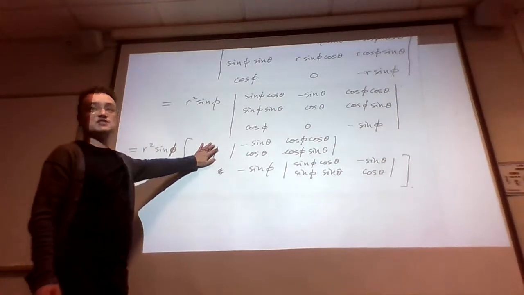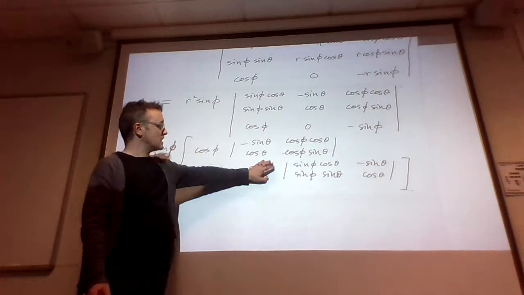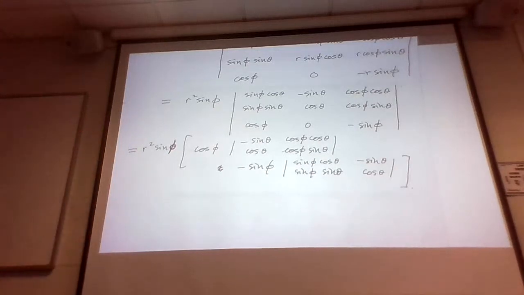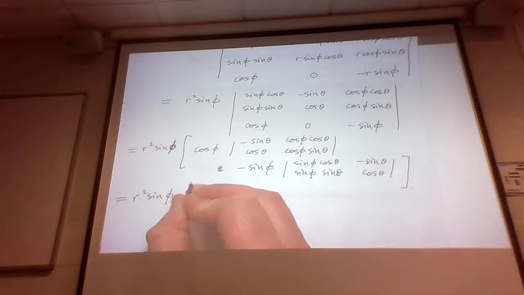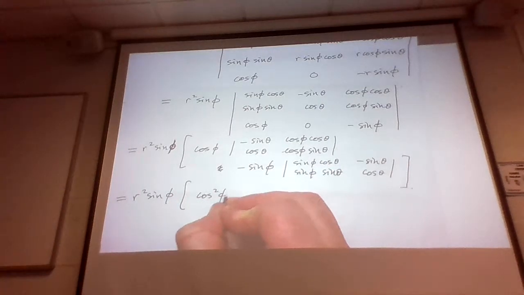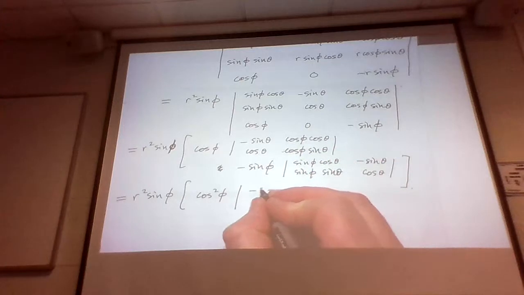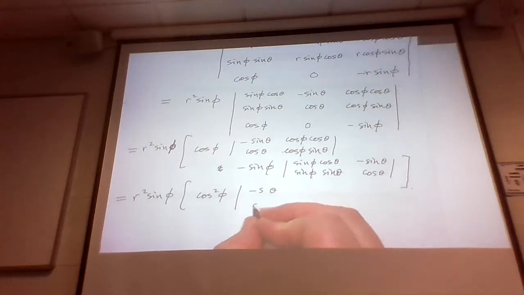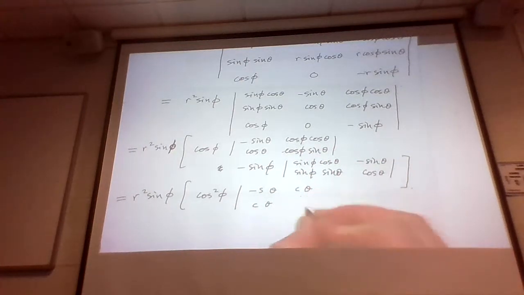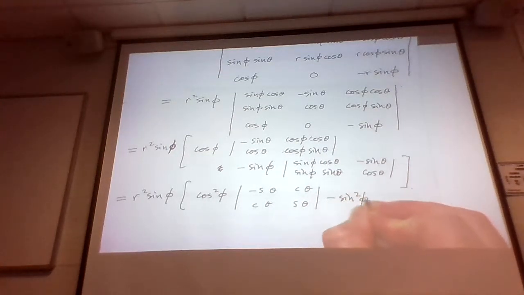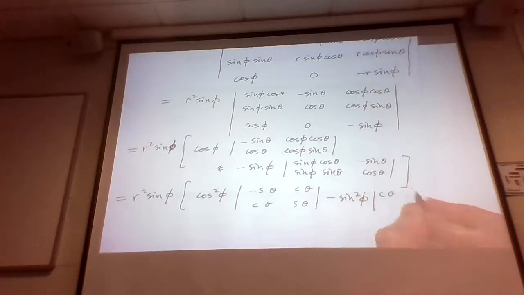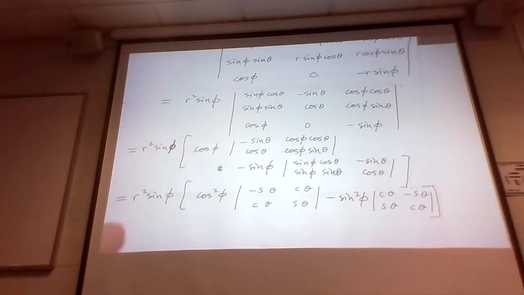So you get cosine squared phi minus sine squared phi into the 2 by 2 determinant, which is minus sine theta, cosine theta, sine theta, minus sine squared phi, cosine theta, minus sine theta, cosine theta.